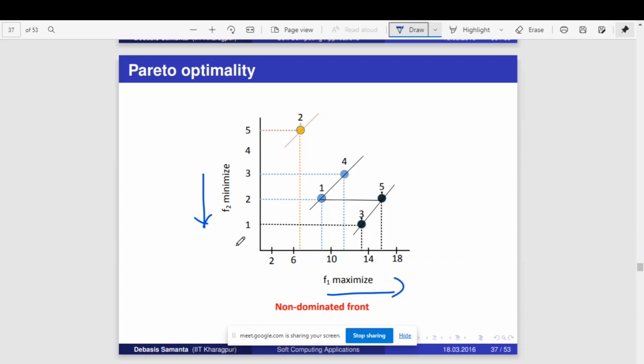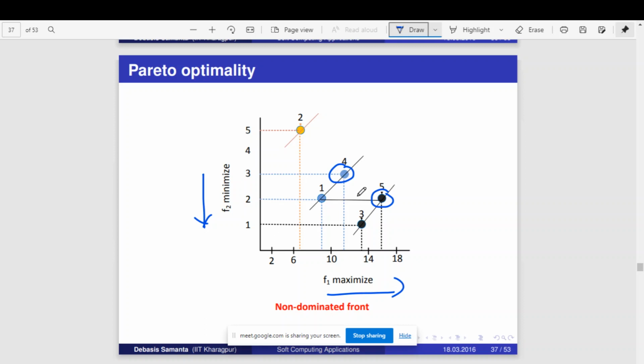Now can you say that 5 is better than 4? Why? Yeah, true. Can you say 5 is better than 1? Why? Yeah, in terms of x, it is towards right.